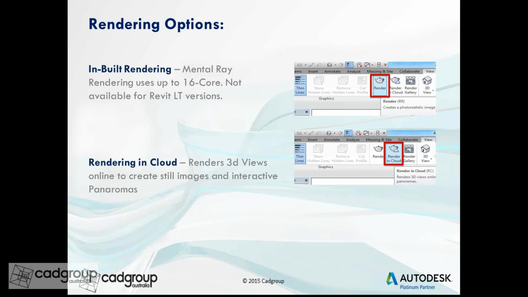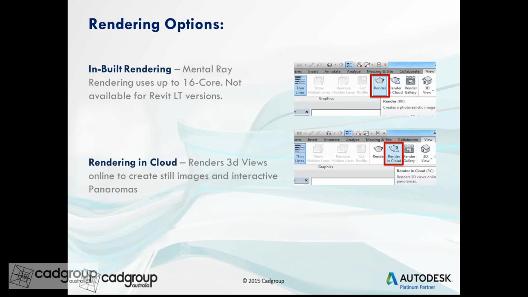Now, a very important thing to notice is that this is not available for Revit LT versions. So if you have used Revit LT, you may not be able to render inside this software, but you have to use a different rendering technology, rendering in the cloud.